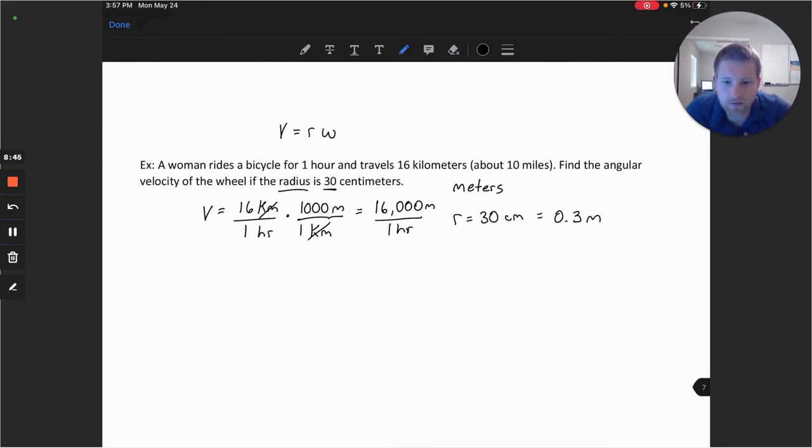So let's set this final equation up. We know that v equals r times omega. So v here, the velocity, is 16,000 meters per hour, is equal to the radius, which is 0.3 meters, times omega. And we'd like to solve for omega.